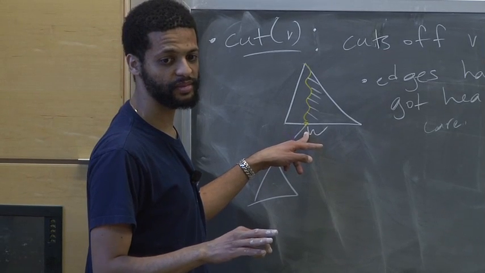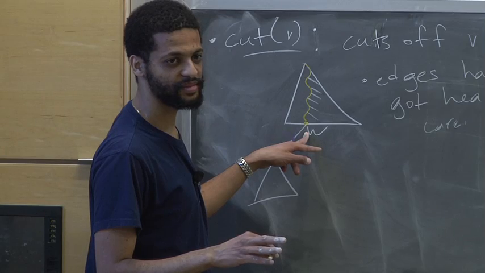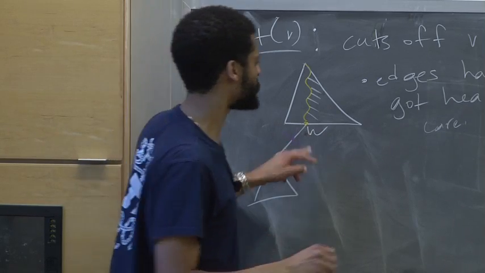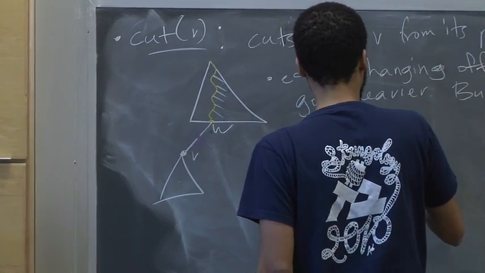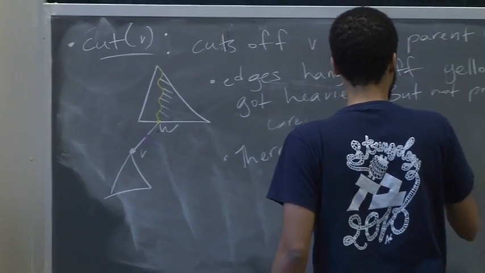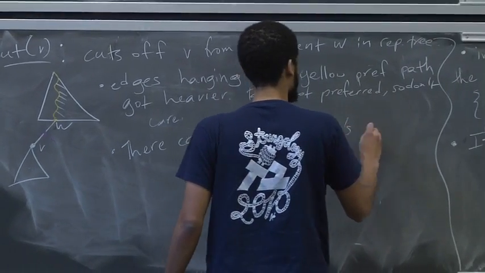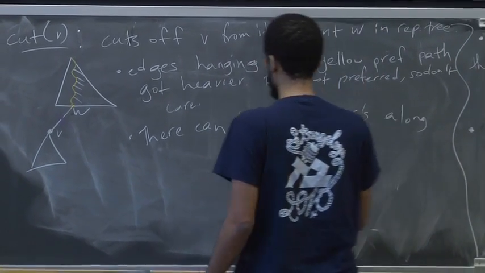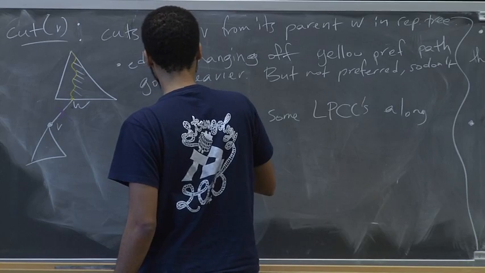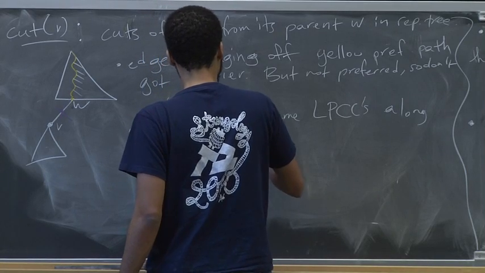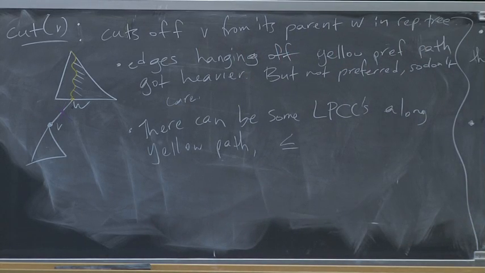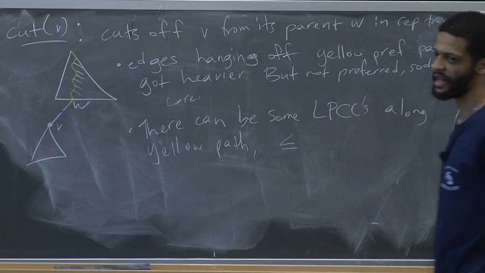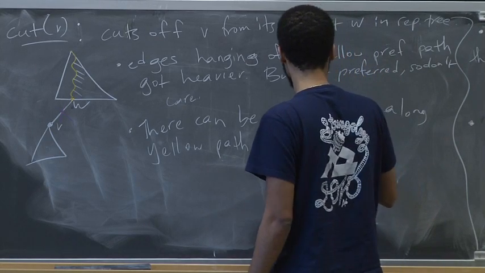Okay, are people believing me? But how many can there be? Log n. Because again, it's a root to leaf path.